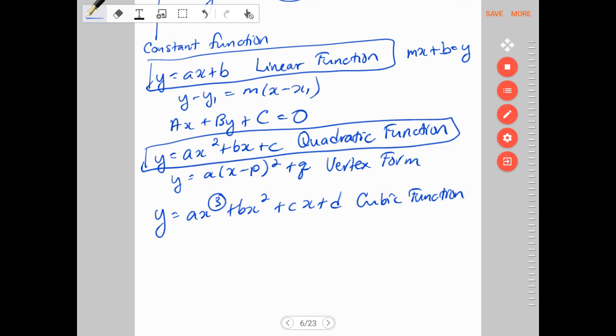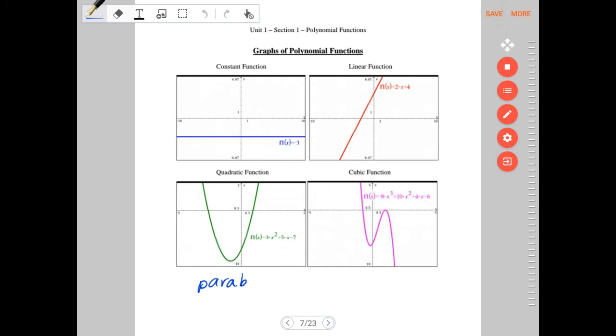So we call it a cubic function. And if you take a look at the graph of that guy on the next page, it's got a very interesting shape. So in the next few sections, you're going to be taking a look at these guys a lot more in depth.